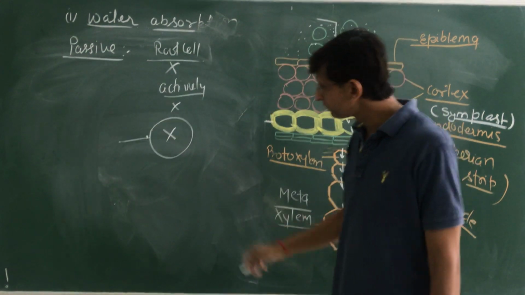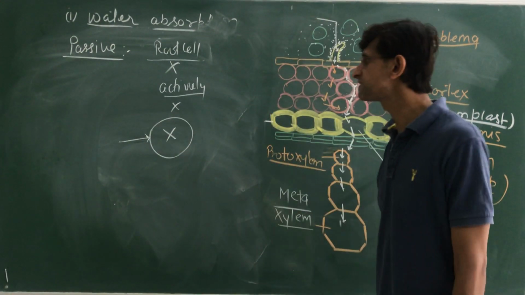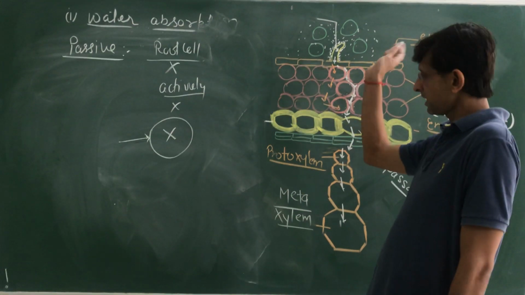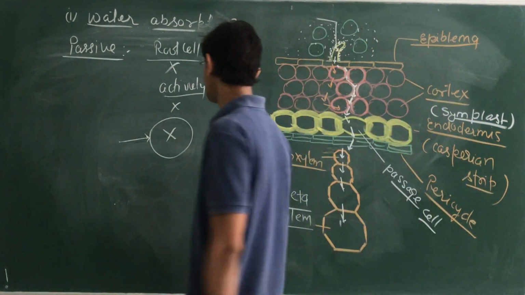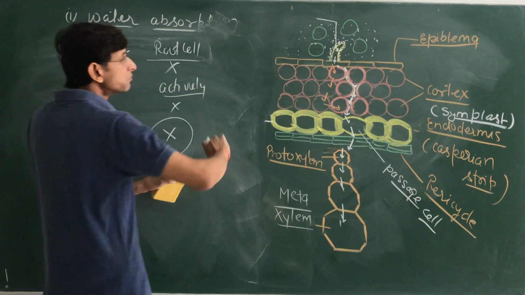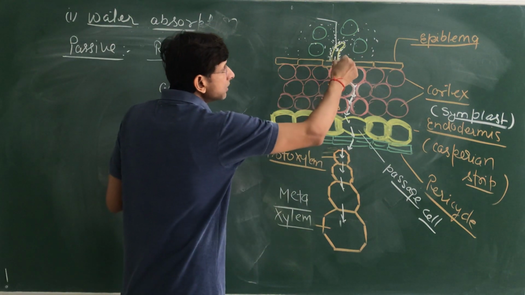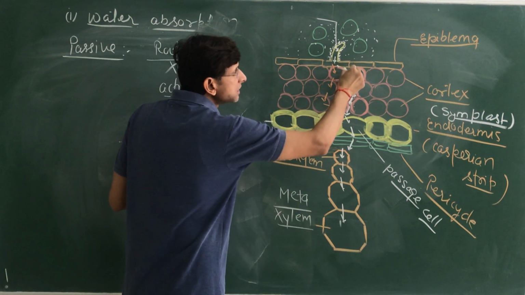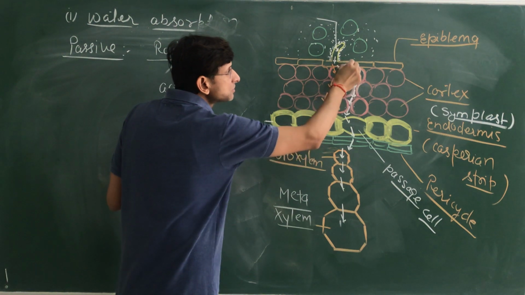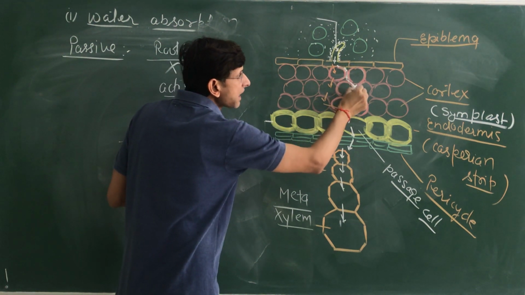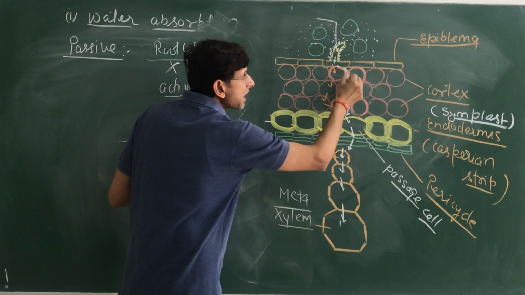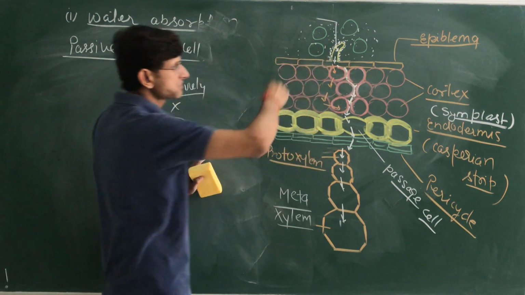Then from where it will move, we can see this through this diagram. In passive water absorption, water moves in between the root cells through their cell wall but never enters into their cytoplasm. This is called apoplastic route.